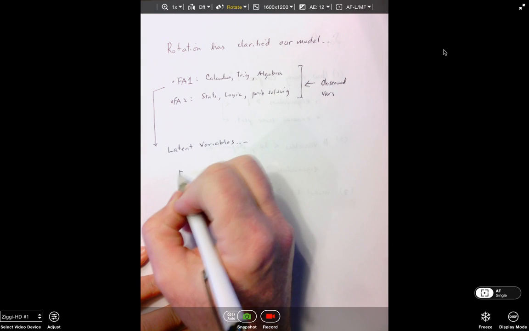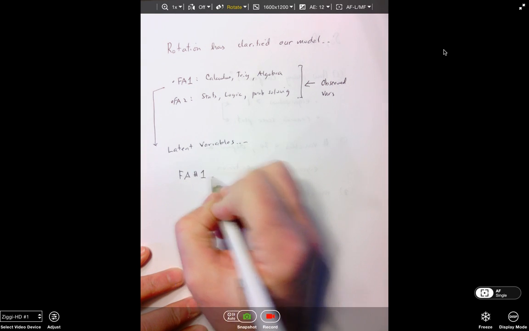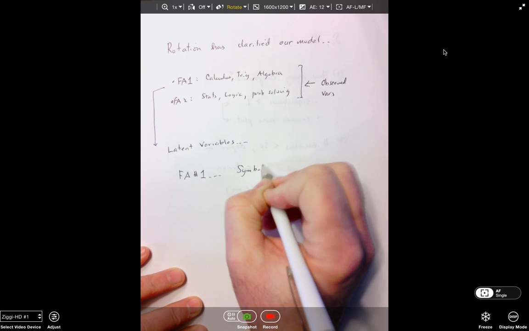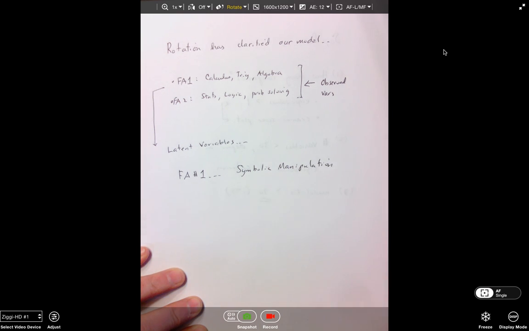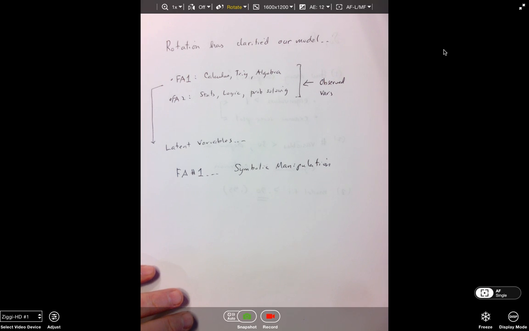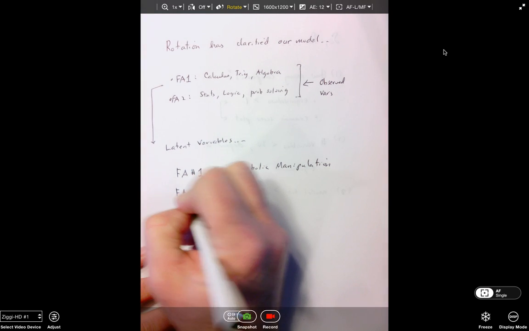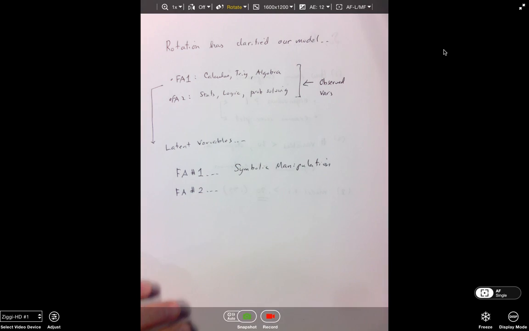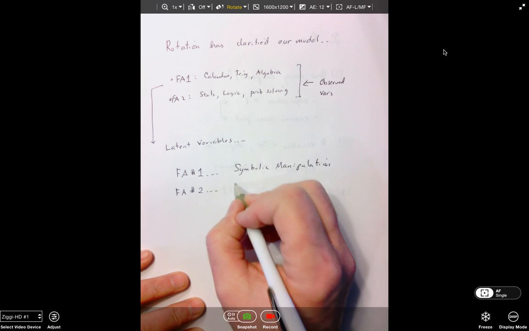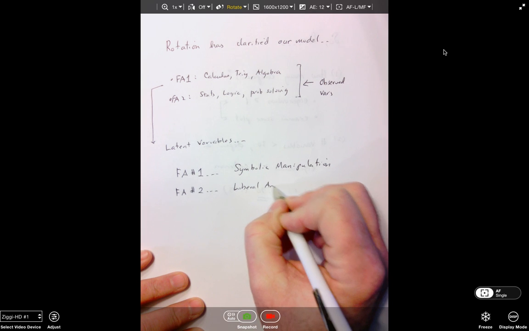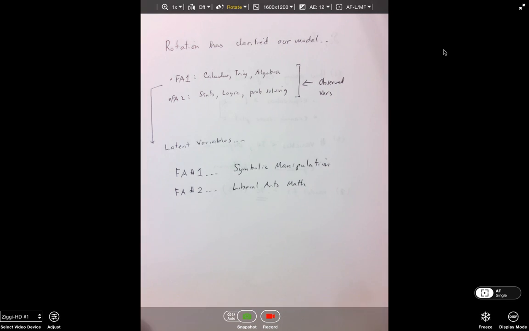So the latent variable, at least for me, for factor number 1, it's amazing how this falls out, is things that require symbolic manipulation. The latent variable underlying factor 2, statistics, logic, and problem solving, I don't really know what I would call that. Maybe more of a liberal arts math. I don't know, there's probably a better term for that.